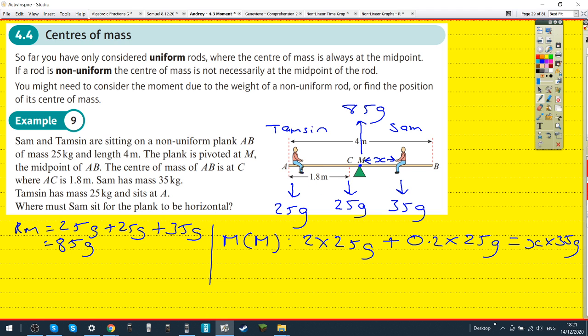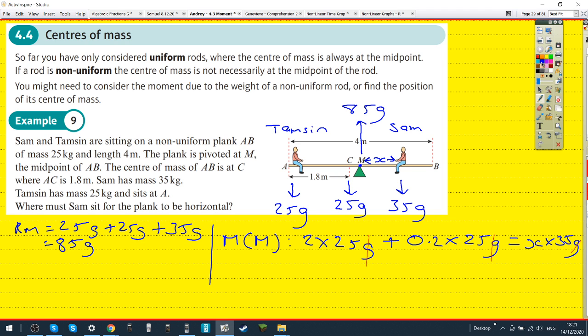We know that these two on the left have to be equal to this one on the right if it's to be balanced. And so 2 times 25G plus 0.2 times 25G is equal to x times 35G. And so we have to solve for x to see where Sam should sit. So try solving for x there.